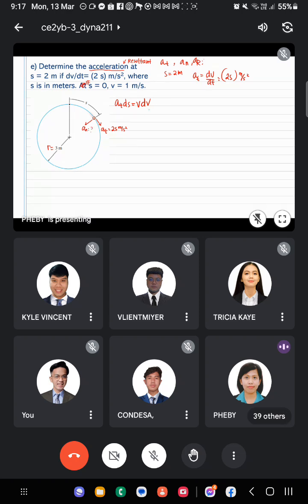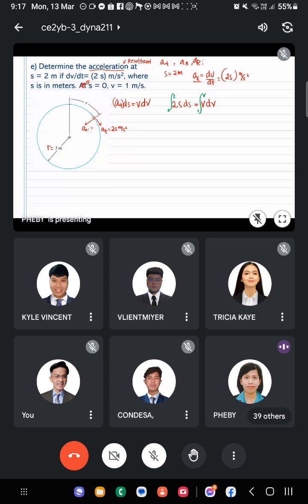With the relationship a ds equals v dv, or acceleration tangential, a_t is 2s, so 2s ds is equals to v dv. Para ma-solve yan, we have to integrate both sides. Sabi dito, if s is 0, yung v naman is 1.